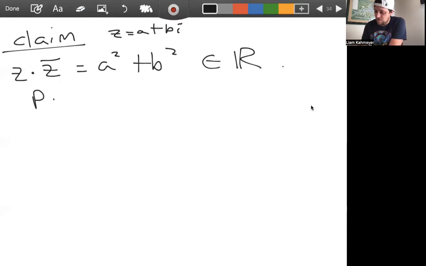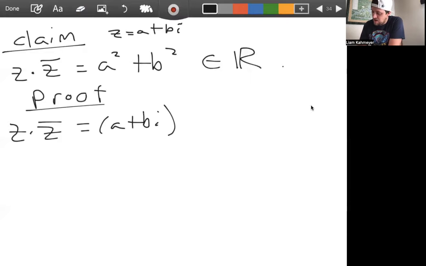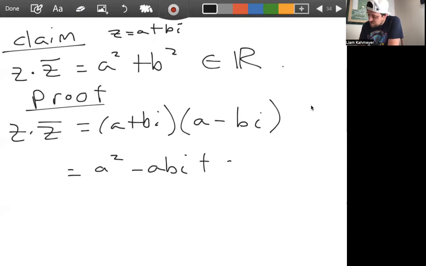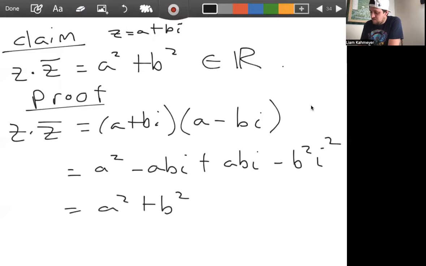That's kind of what we want out of this. So here's the proof. Let's take Z times Z conjugate. Well, that's a plus bi times a minus bi, which is a squared, and then minus abi plus abi minus b squared i squared, which is a squared plus b squared. Pretty straightforward proof, just computing the product of a complex number with its conjugate. And we see we get a real number.